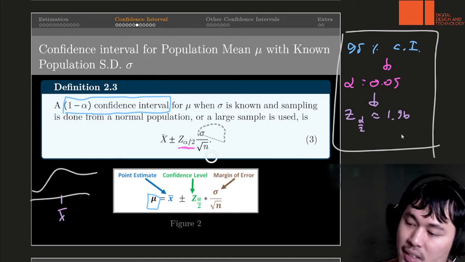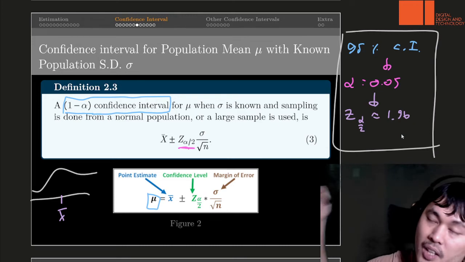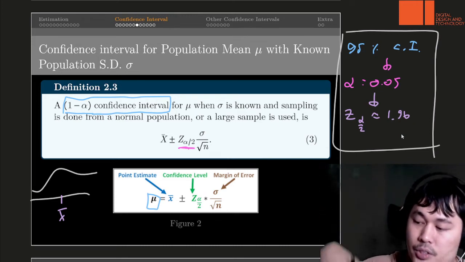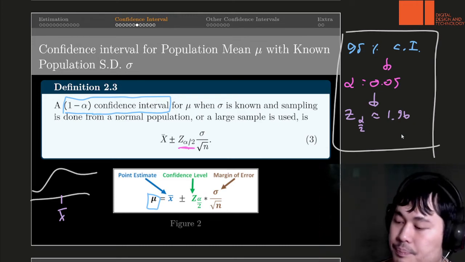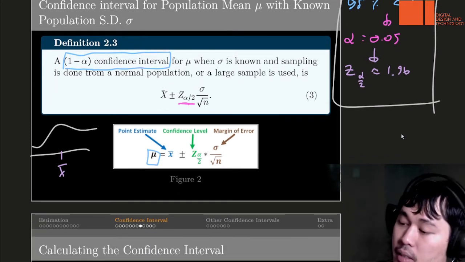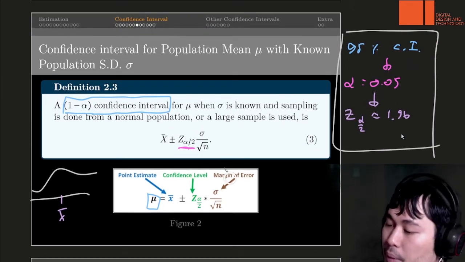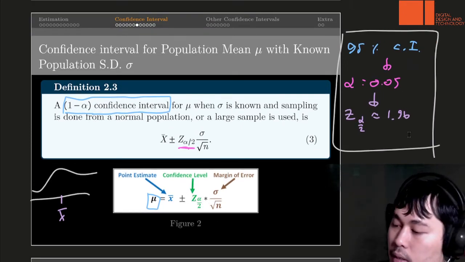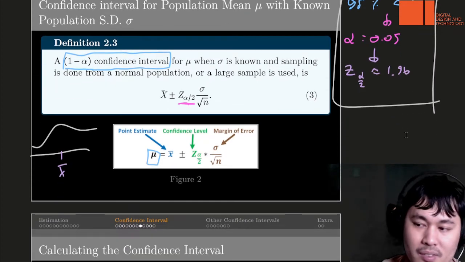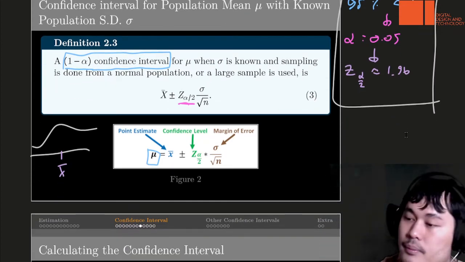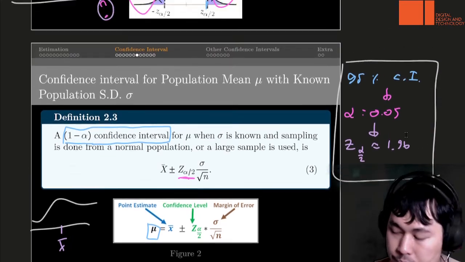And again, that's the way we translate from the standard normal distribution to any normal distribution, and we call that the margin of error. I multiply that by the confidence level, and you create your own confidence interval.